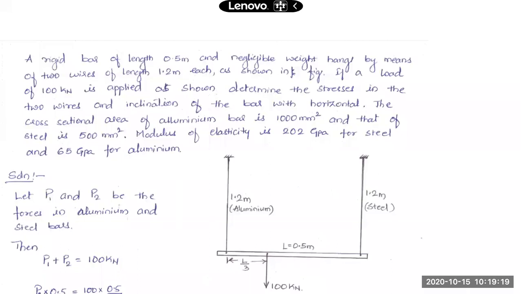The cross-sectional area of the aluminum bar is 100 mm square and of the steel bar is 500 mm square. Modulus of elasticity is 202 GPa for steel and 65 GPa for aluminum. So just like our previous problem, this is another problem.